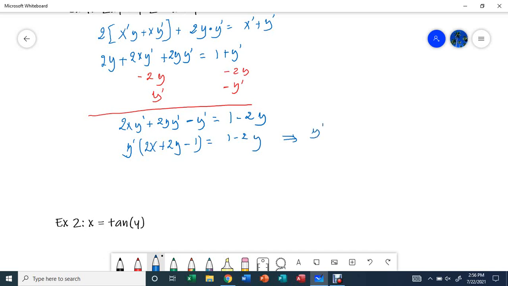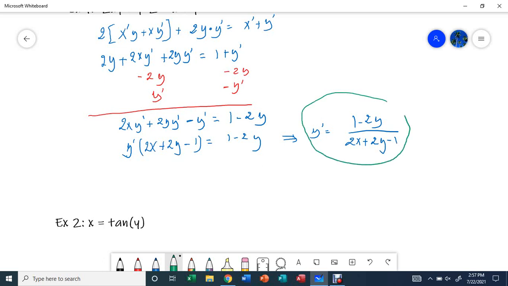So y prime equals 1 minus 2y divided by 2x plus 2y minus 1, and that's my final answer. That's f prime of that function using the implicit differentiation technique with the above 3 steps.